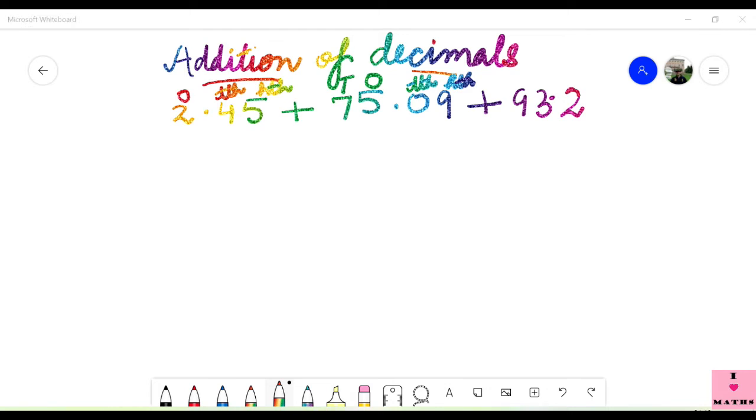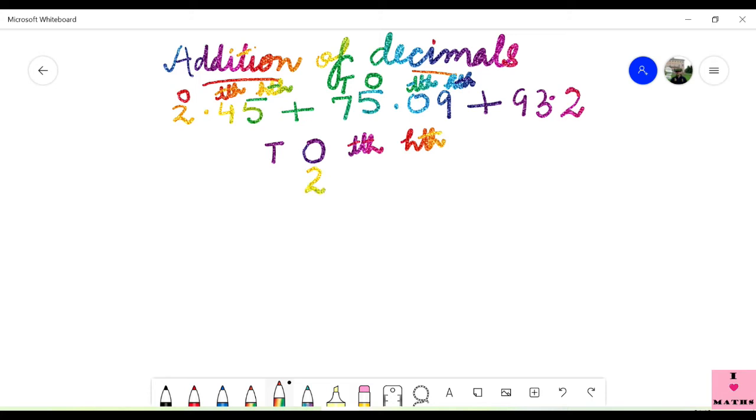Before adding, we will just write the places. Now when we write the numbers, we will write according to their places.